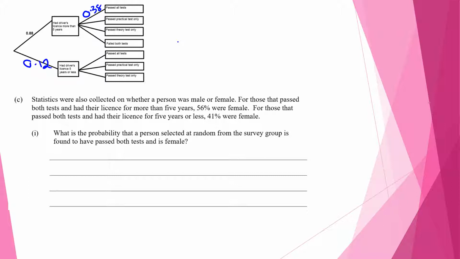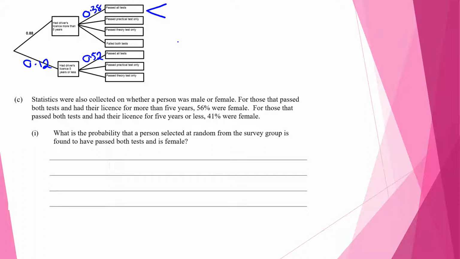Passing both tests is 0.52. From our previous question, I'm just checking that I had that right. I did. Okay, and so we're told that from those people that passed both tests and had their driver's license for 5 years, 56% were female.